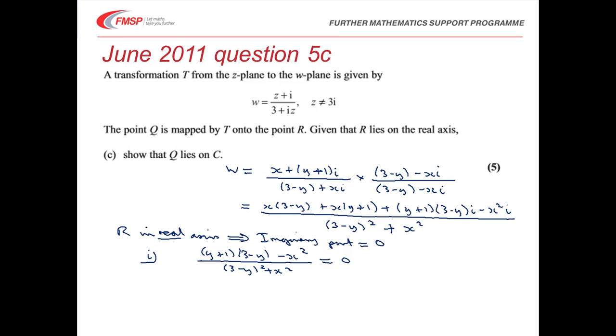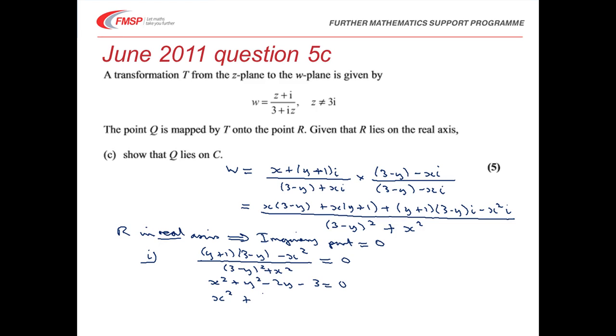And in order for that to happen, we need the numerator to equal 0. The numerator is going to be x squared plus y squared minus 2y minus 3 equals 0.